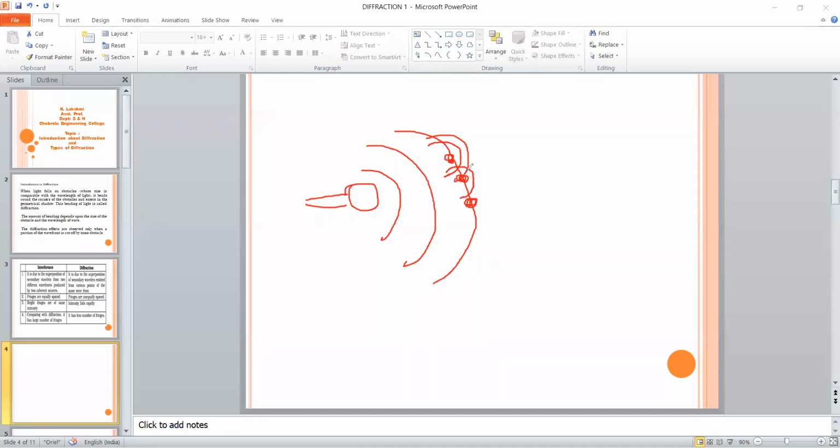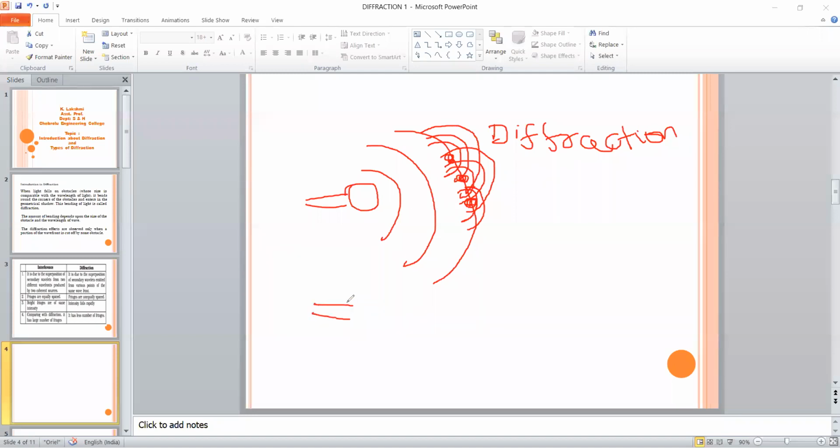Here also secondary wavefronts, here also secondary wavefronts. By the superimposition of these secondary wavefronts, the phenomenon is nothing but diffraction. So, I think it is clear to all.